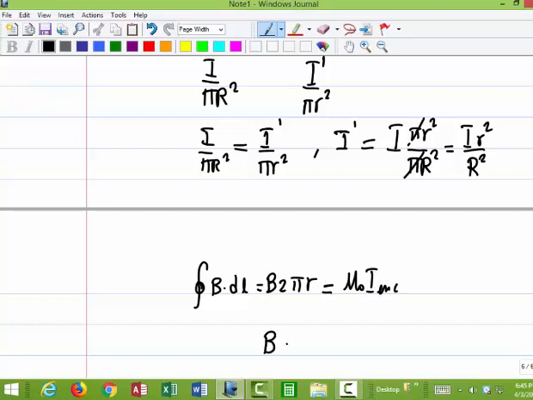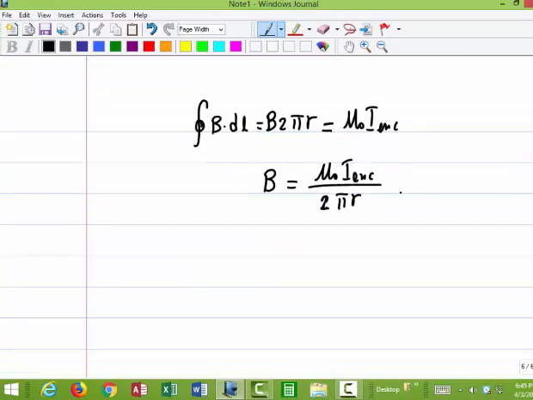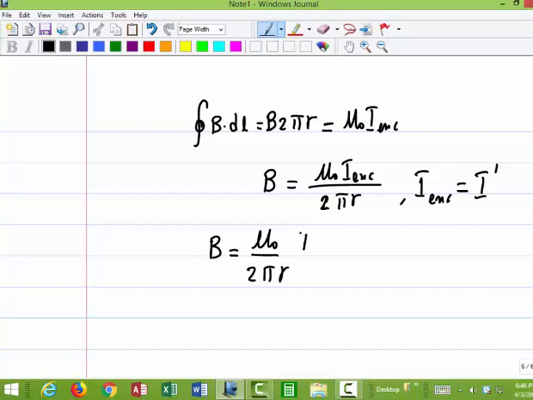So B is equal to mu naught I enclosed divided by 2 pi r, and we know I enclosed is I prime, which is I times r squared over uppercase R squared.